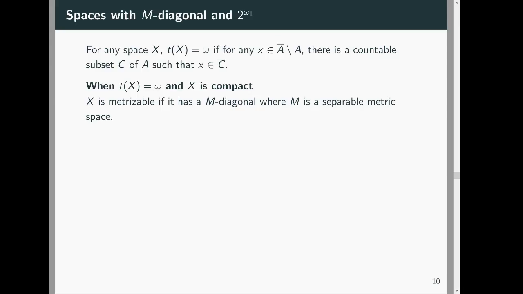So basically, the idea is to try to prove the tightness of X cannot be uncountable. We try to construct a contradiction when the tightness is greater than omega. So that's the approach. If you have a contradiction, then that's the only case actually.